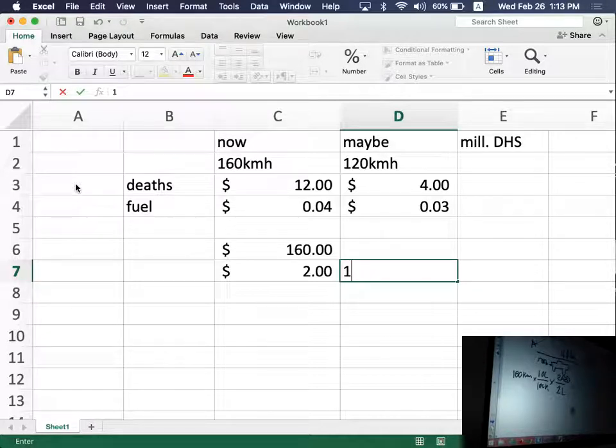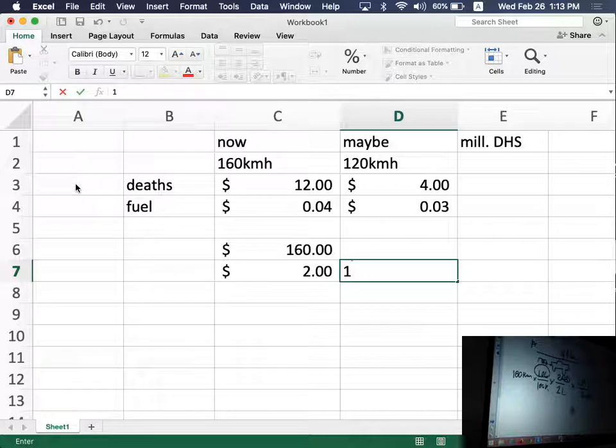2 million passengers per 1 year. Let's assume there's 2 passengers per car. So this guy here, this is per car, right?